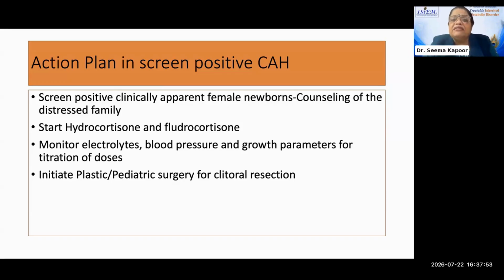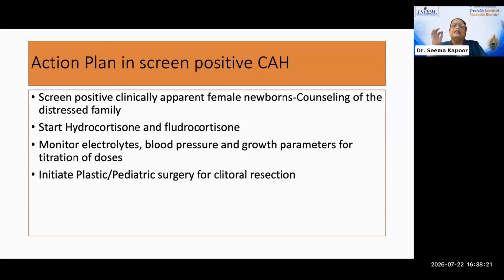So they are misdiagnosed as diarrhea and sepsis, and they succumb to the sepsis. Key factors are hyponatremia and hyperkalemia in these newborns. These two disorders in a male newborn are very important to detect a positive congenital adrenal hyperplasia very, very simply.